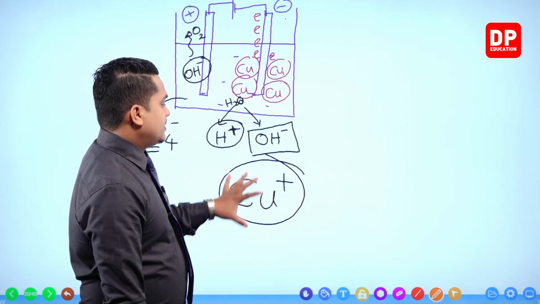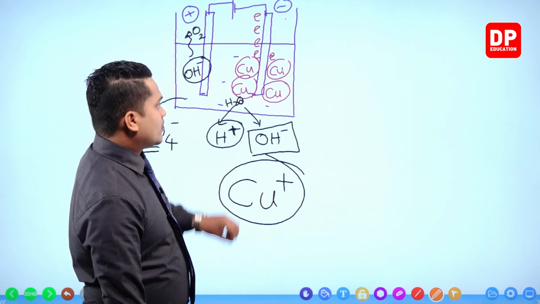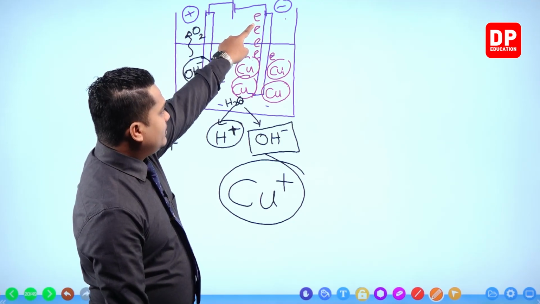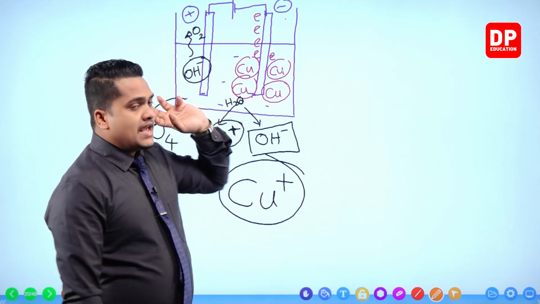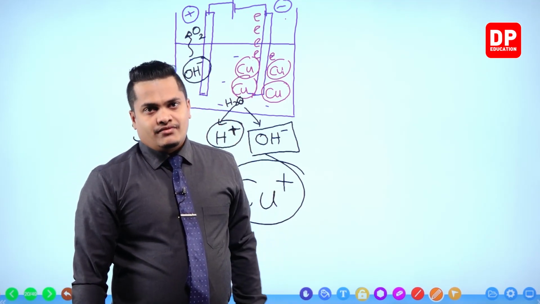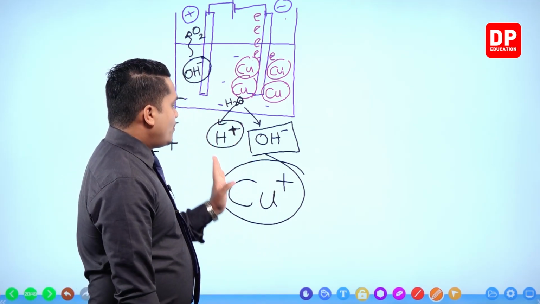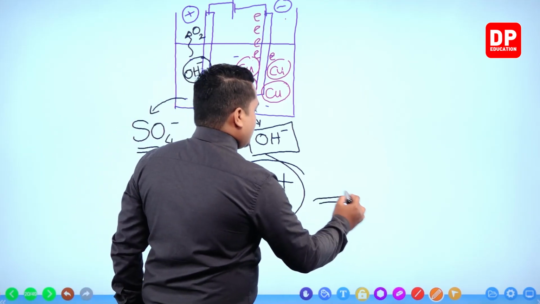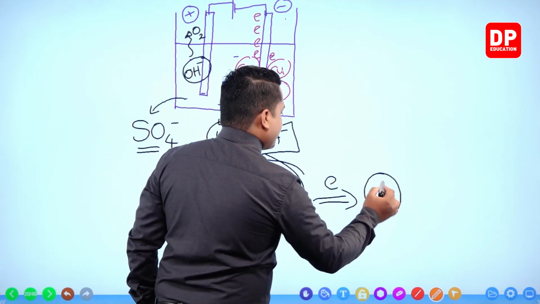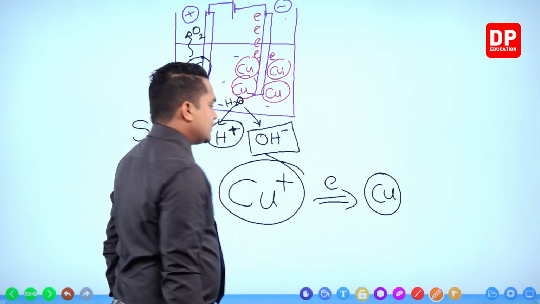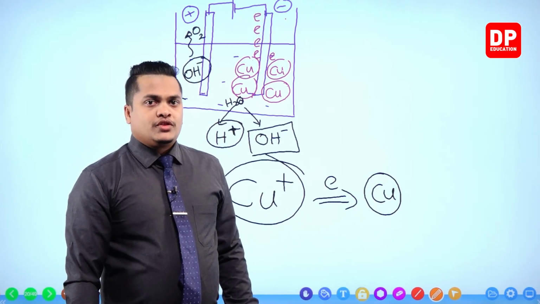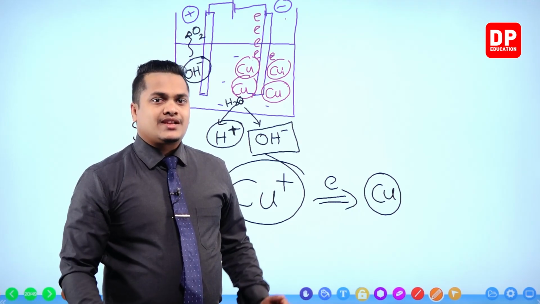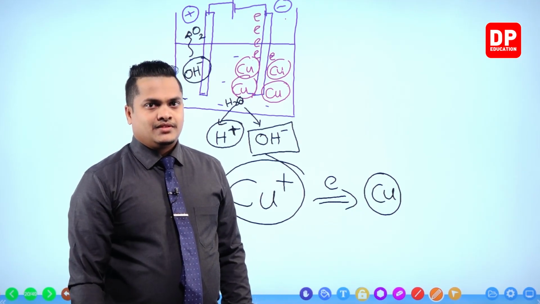Because, my dear children, copper ions are going to receive electrons which come from the negative terminal and get converted into solid copper like this, okay. So therefore the color of the solution is gradually decreasing.